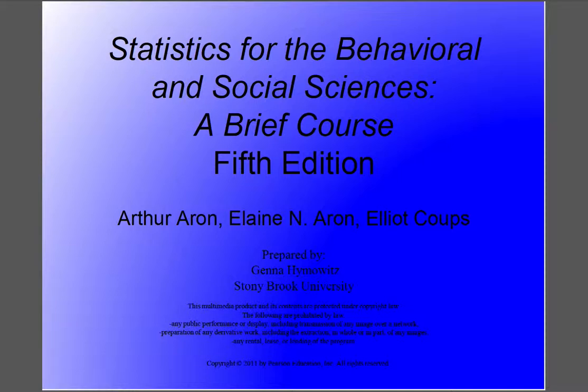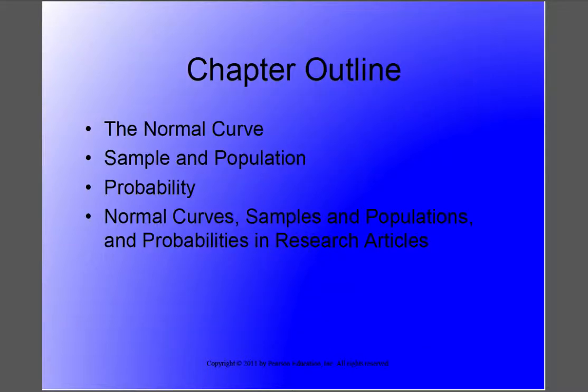So as we move forward through this course, keep in mind that we're going to be drawing samples from a population and then do some calculations and then inferring those results back to a larger population. So I have here the slides for Chapter 4.